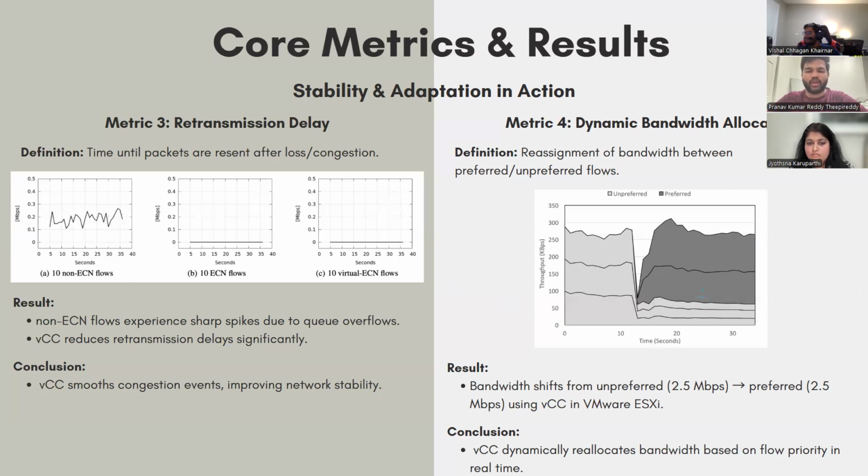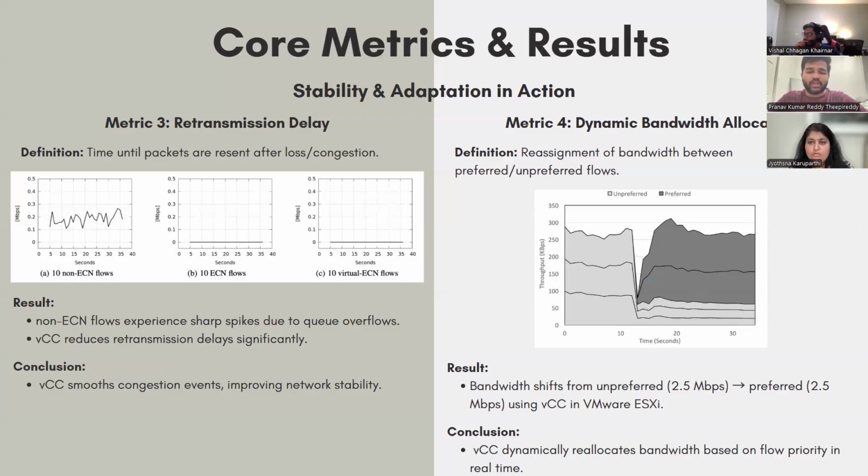I would like to differentiate between the light and dark shades in the graph. On VMware, VCC used port tagging to identify preferred versus unpreferred flows, and then dynamically shifted bandwidth towards preferred flows in real time.